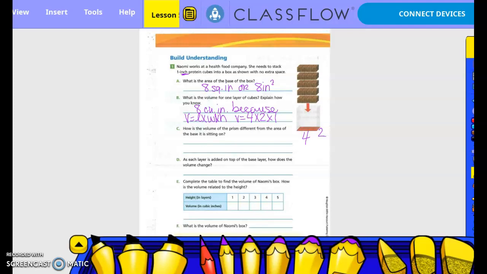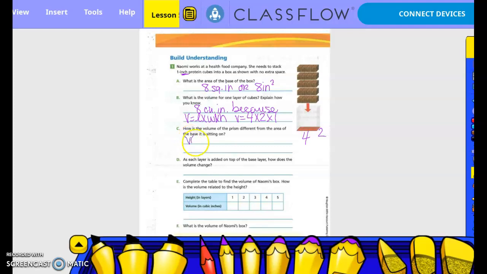Okay. How is the volume of the prism different from the area of the base it is sitting on? So we got 8 for both. What's the only difference? One is cubic inches and the other is square inches.